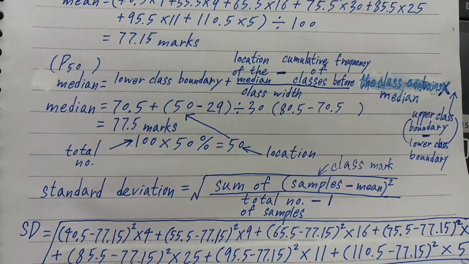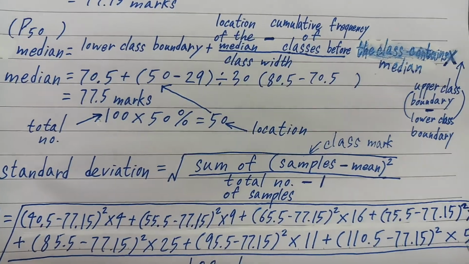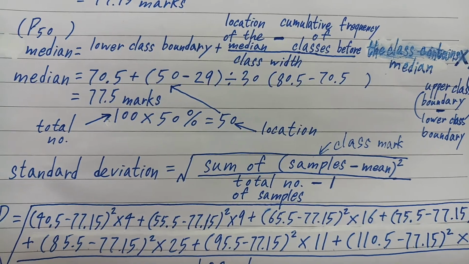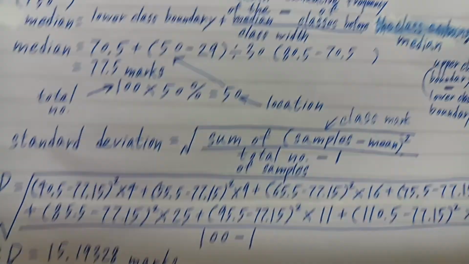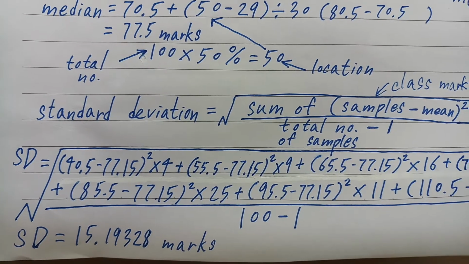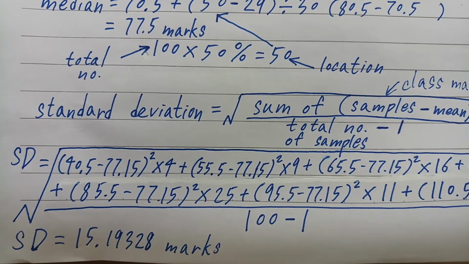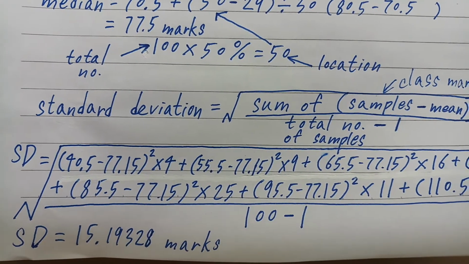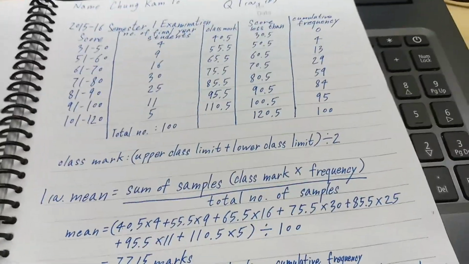And after that, the most important thing is to remember the minus 1 part. The total number of samples is 100, and therefore minus 1 equals 99. And after doing this, we will get the standard deviation of 15.19328 marks.